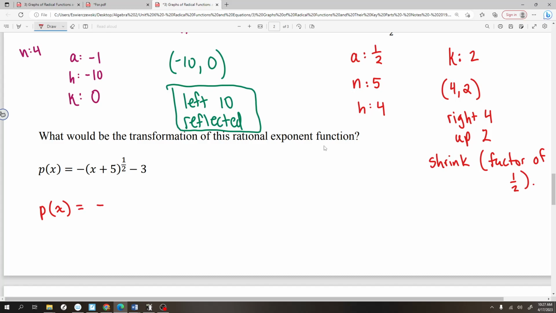Yes. Remember when we did this, it's been a few days ago now. How can I rewrite something to the 1/2 power as a radical? Anyone remember? We had a quiz on this.